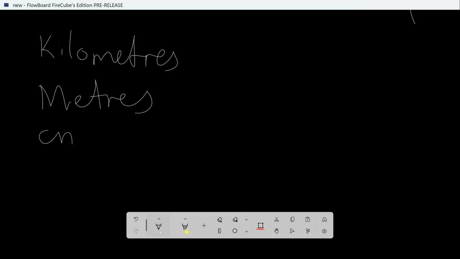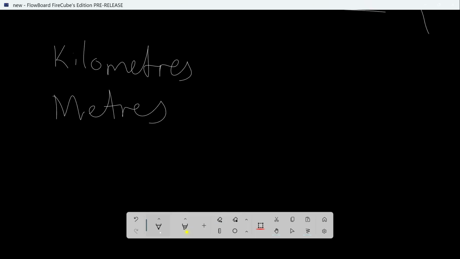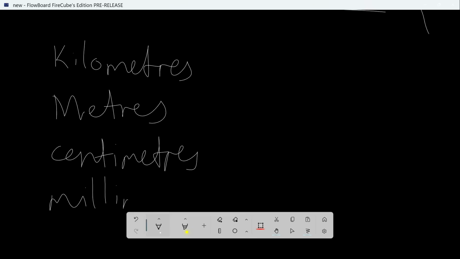Oftentimes you might have data given in centimeters, and sometimes also in millimeters, though that's not really often, partly because millimeters are really small and we're mostly working with larger objects here, or objects that travel over longer distances, but you could possibly have them.